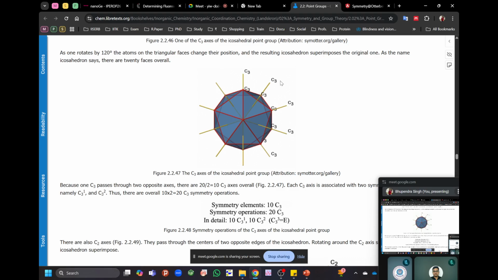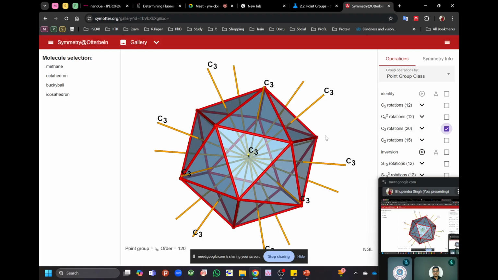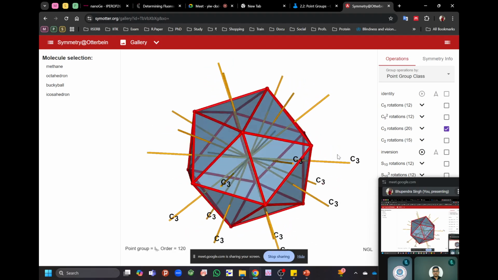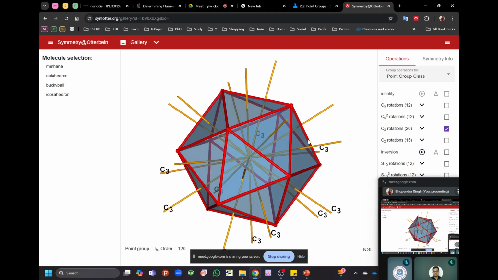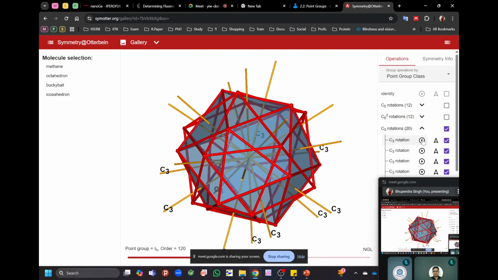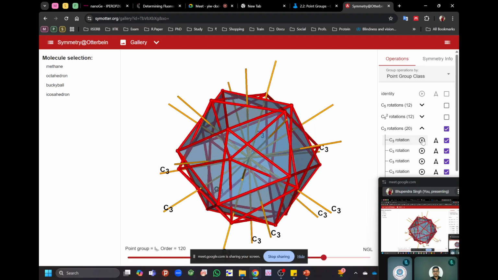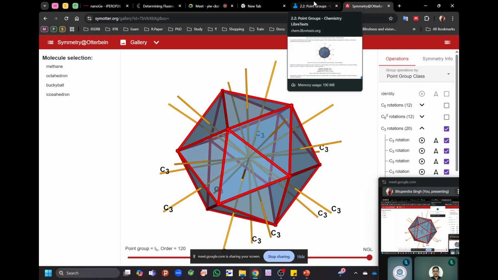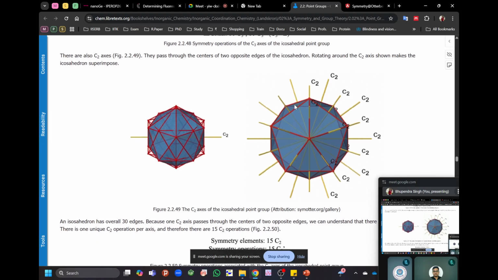Obviously it is difficult to imagine the C3 axis here, but look at how this looks. This is a nice website to actually visualize. Obviously I can show you the animation also. In this, the C3 axis mostly passes between the faces and rotates the whole structure to its equivalent structure.